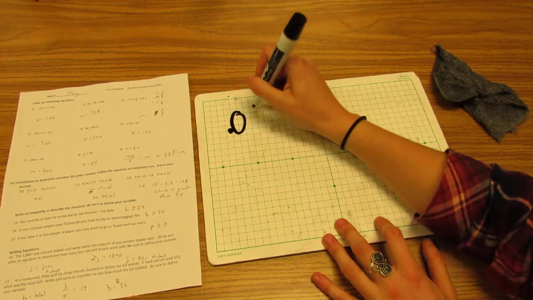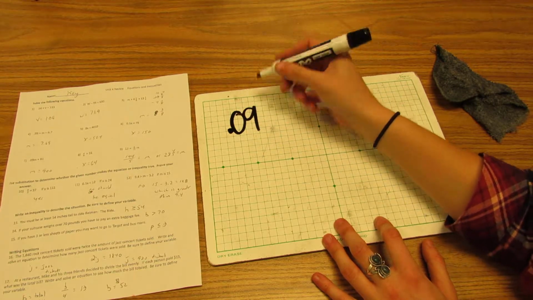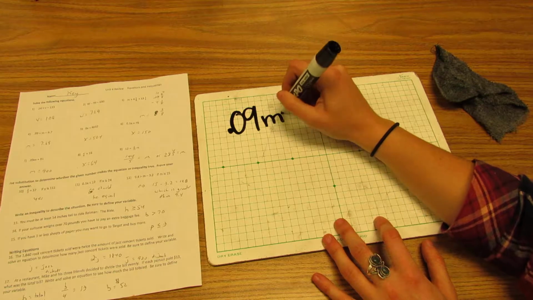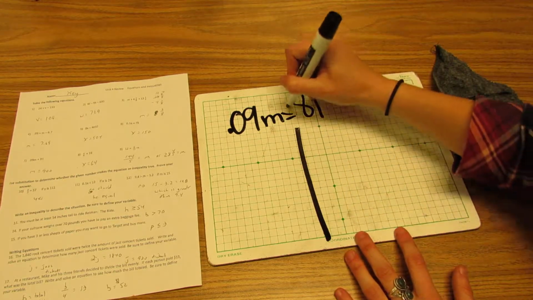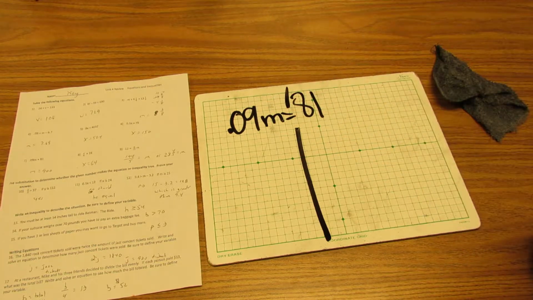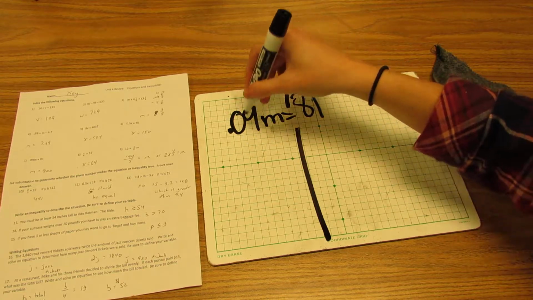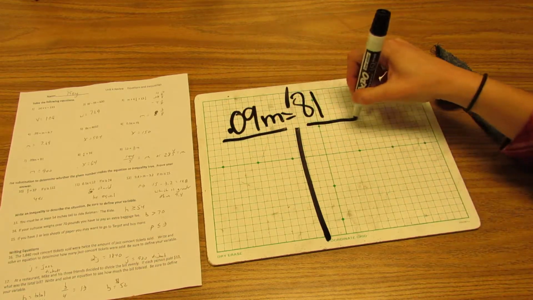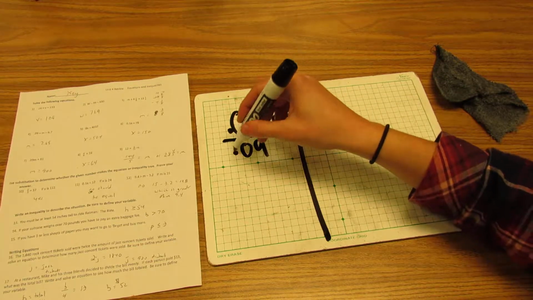I have 0.09m is equal to 81. So I want to isolate m. Again, this is the same thing like number 6. So I want to take the inverse of multiplication. So that's division on both sides. And I'm going to divide by 0.09.